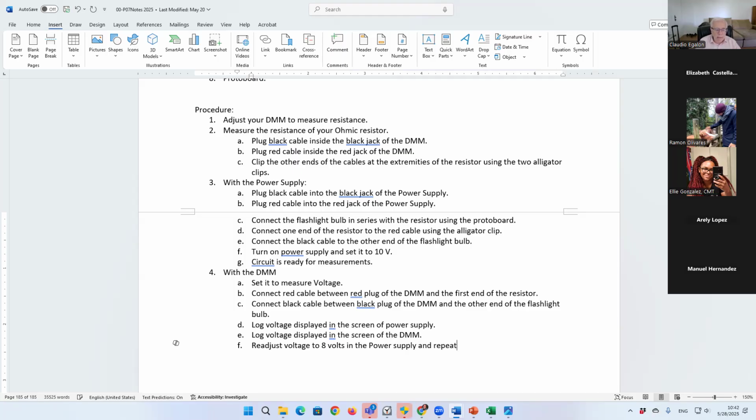And repeat steps for D and for E. Okay. Repeat the steps for F, for 6, for 2.7 volts.